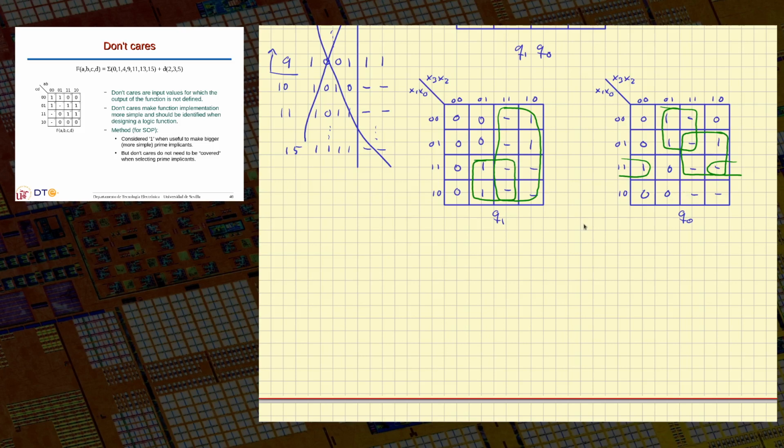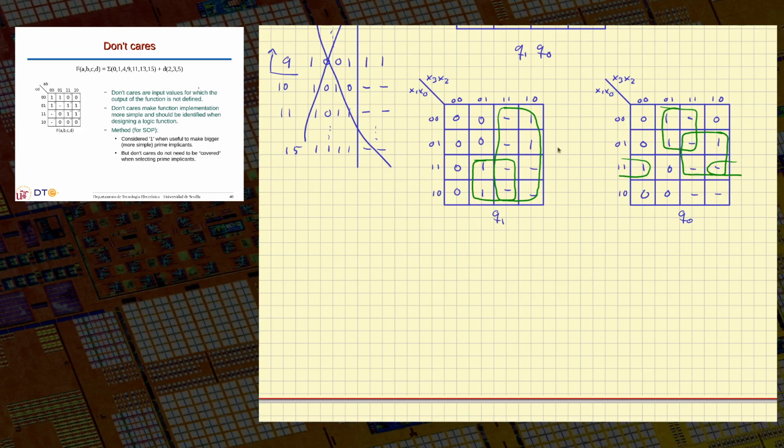In the first phase, finding the prime implicants, I try to find implicants as simple as possible, so I consider the don't cares one as long as it's good for my simplification. But in the second phase, I don't need to take these don't cares as well.